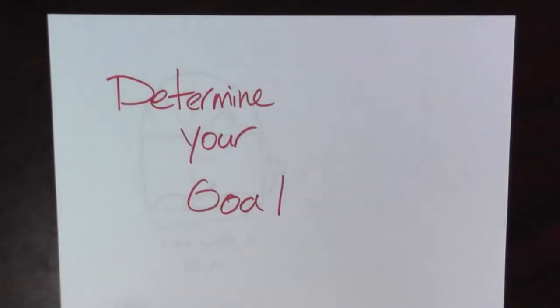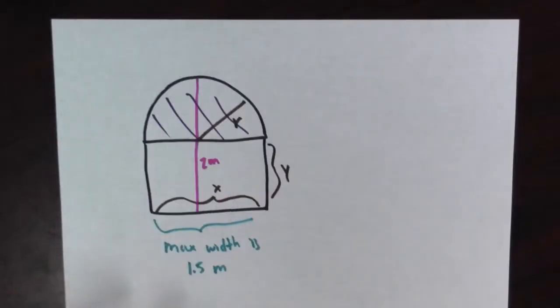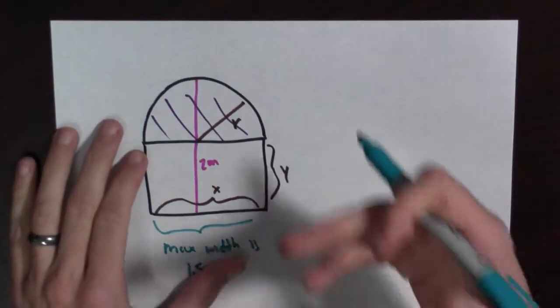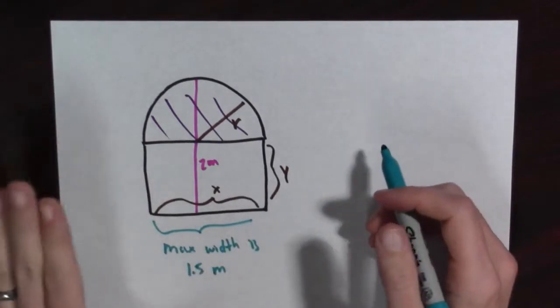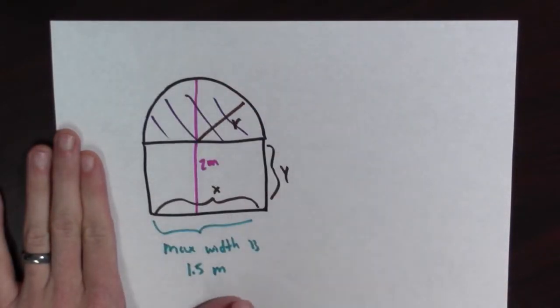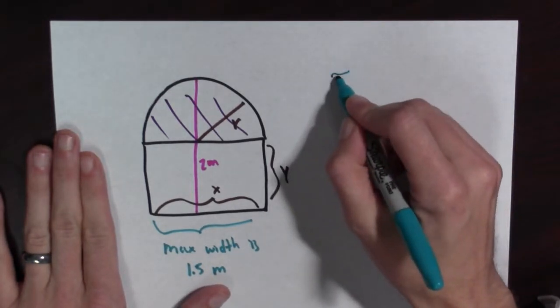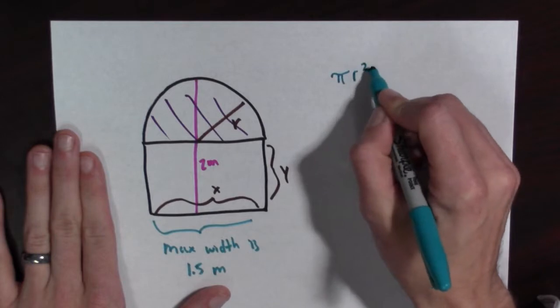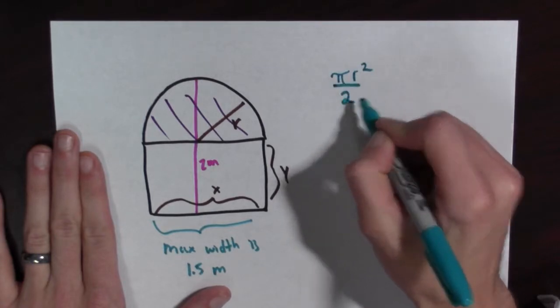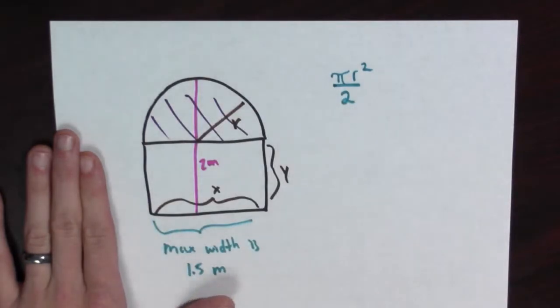Once we have our picture, we've got to determine our goal. All right, so let's look at the picture again. Remember, we're talking about the amount of light that comes in, and the light has to do with the area. So the area of this semicircular region is going to be pi r squared all over 2, because it's half a circle.